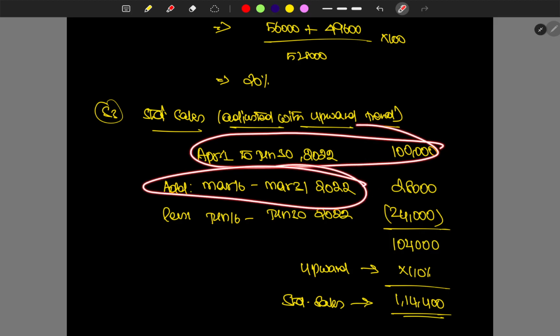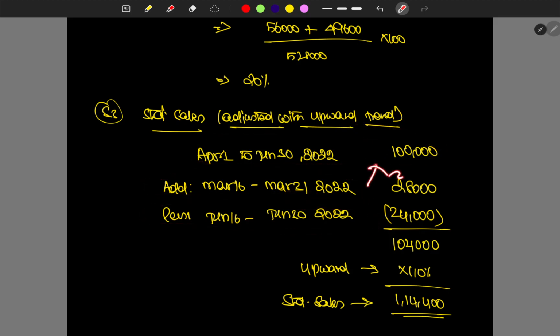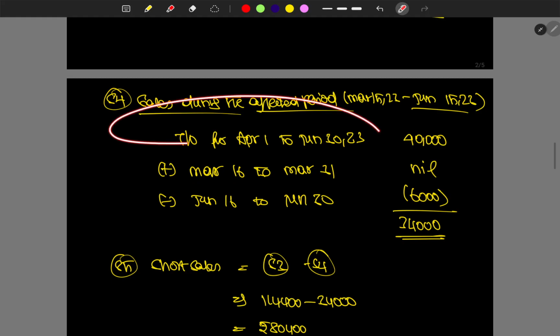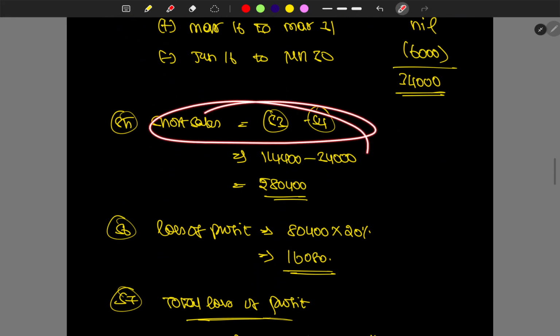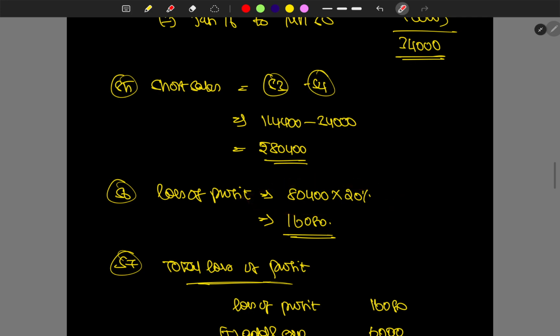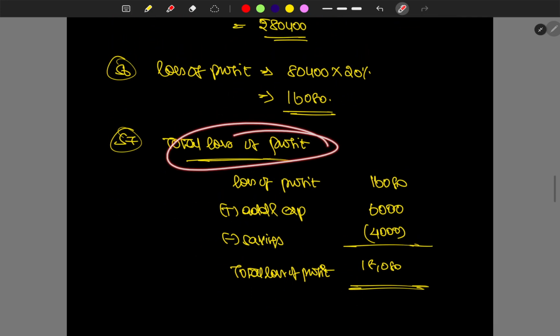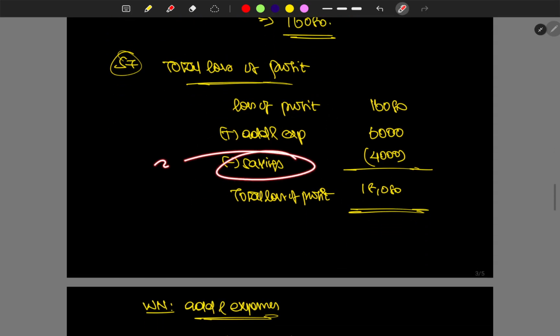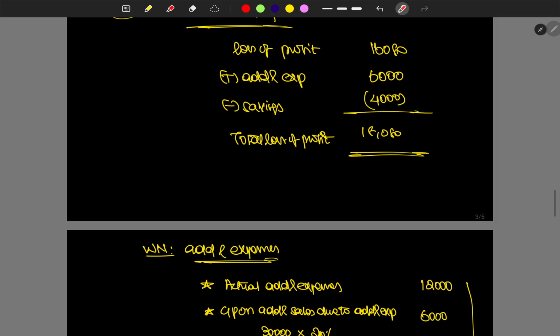There is a relevant period and an irrelevant period, so we added the relevant period and removed the irrelevant period, did the upward valuation, and then we found the standard sales. The same we did for sales, and then we found the short sales, and then we calculated the loss of profit, and then the total loss of profit, which includes the additional expenses and the savings made during the disruption period, which have to be removed from the loss of profit.